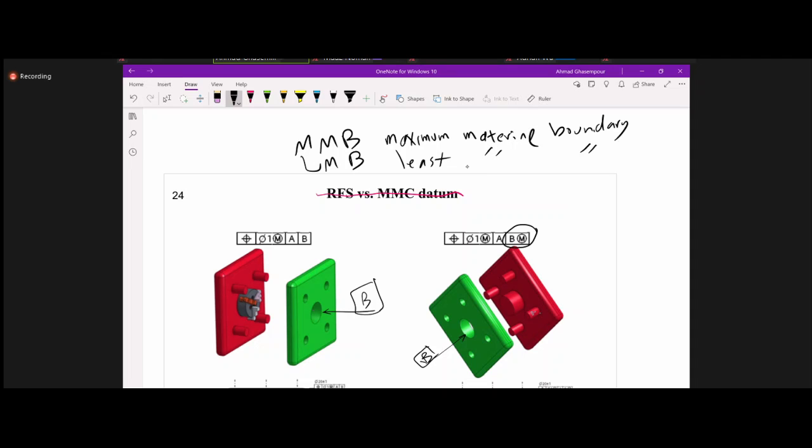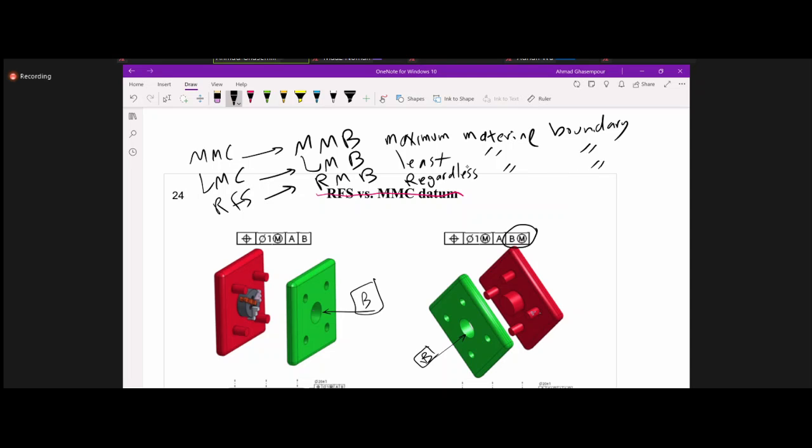And the last one, when the size doesn't do anything, is regardless of material boundary. So this is the terminology. It used to be MMC, LMC, and RFS. So this has changed since 2008.